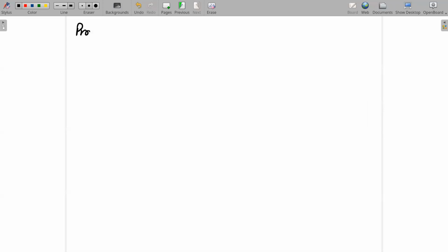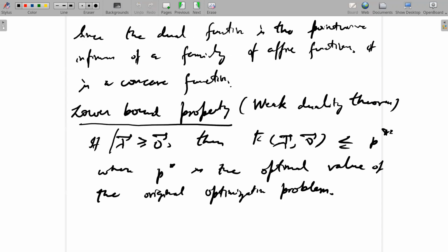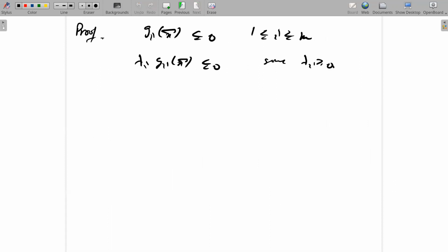So the proof is just a rehash of what I just described. g_i(x) is less than or equal to 0, for 1 less than or equal to i less than or equal to m. So lambda_i g_i(x) is less than or equal to 0, since lambda_i has been assumed to be bigger than or equal to 0. And we know that h_j(x) is 0, for 1 less than or equal to j less than or equal to p.